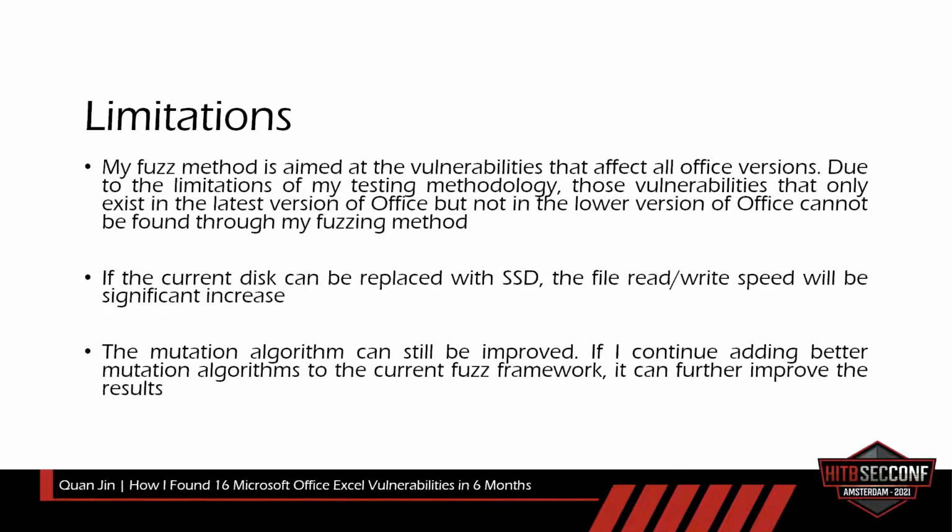The first method in this presentation is aimed at the vulnerabilities that affect all Office versions. Due to the limitations of my testing methodology, those vulnerabilities that only exist in the latest version of Office, but not in the lower versions of Office, cannot be found through my fuzzing method.